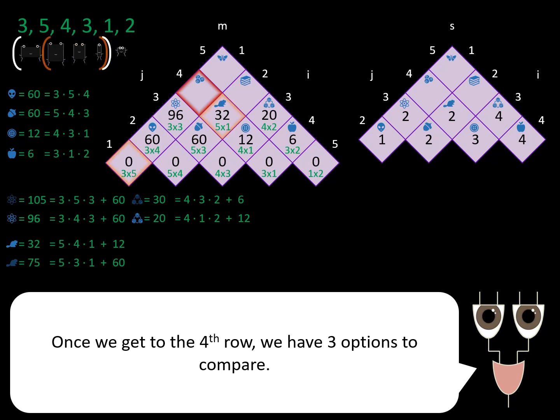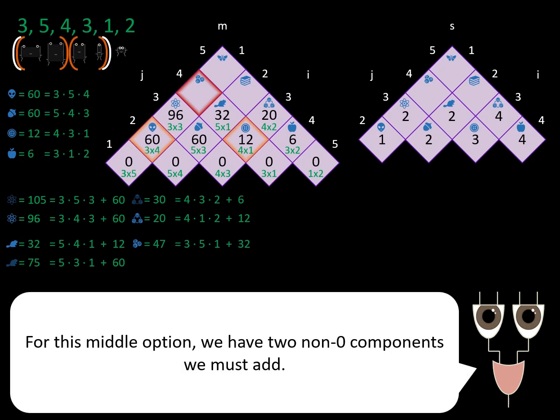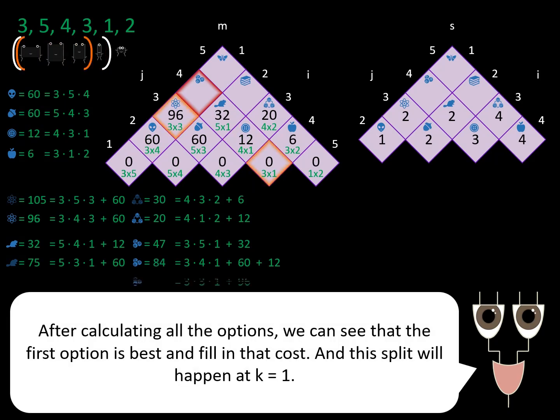Once we get to the fourth row, we have three options to compare. For this middle option, we have two non-zero components we must add. After calculating all the options, we can see that the first option is best and fill in that cost, and this split will happen at K equals 1.